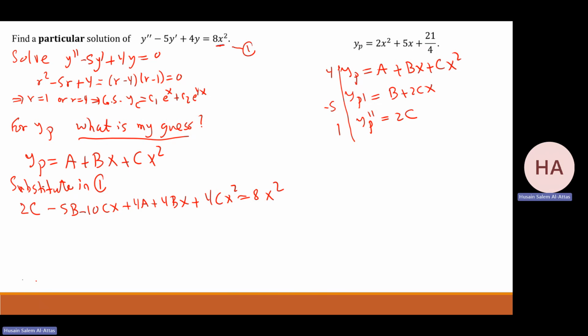Now you compare the coefficients, like what we did before. So you have x squared. What's the coefficient? I have here 4c, and that should equal 8. So c equals 2, very clear. Now what's the coefficient of x? By the way, I can think of this as plus 0x plus 0 times 1.